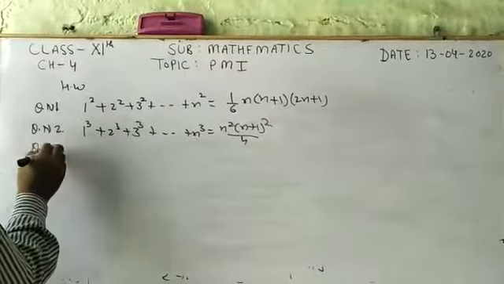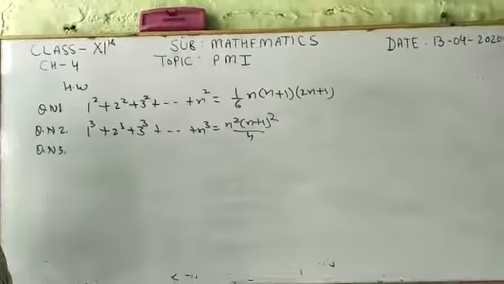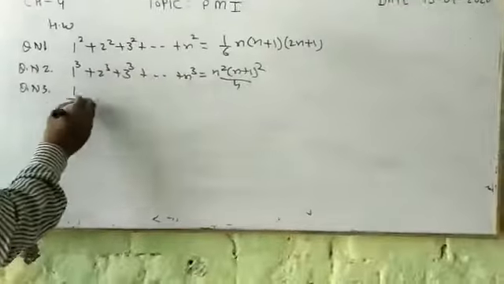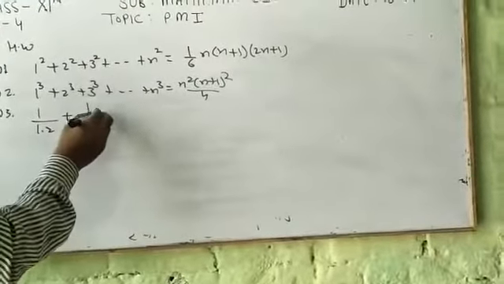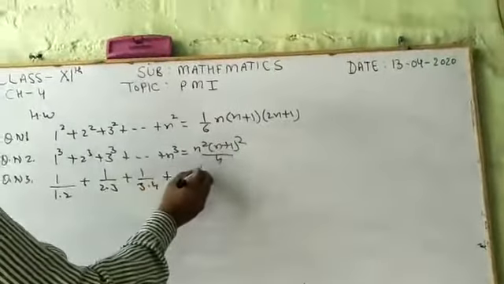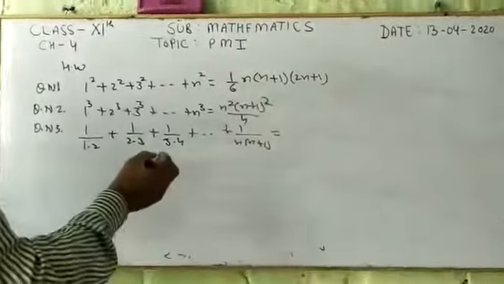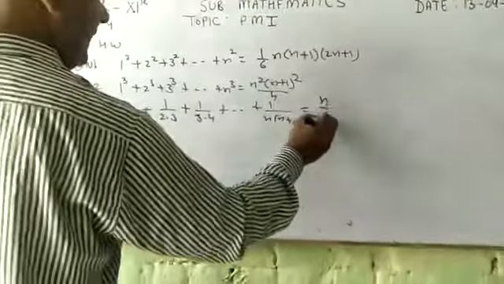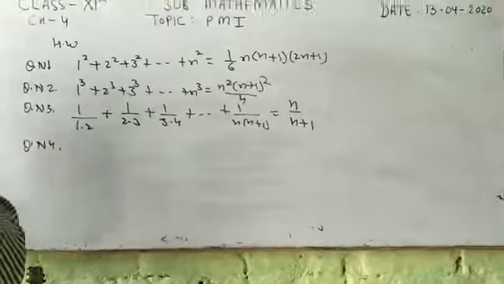Question number 3: 1 upon 1 into 2 plus 1 upon 2 into 3 plus 1 upon 3 into 4 up to 1 upon n into n plus 1 equals n upon n plus 1.